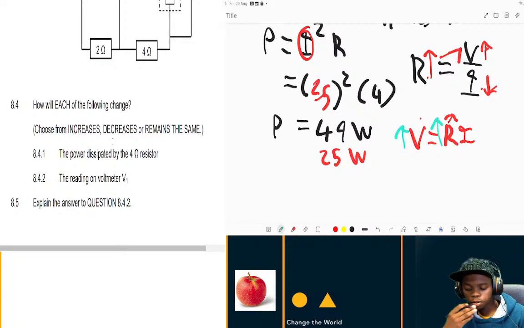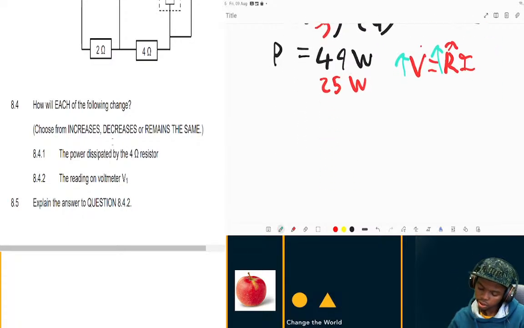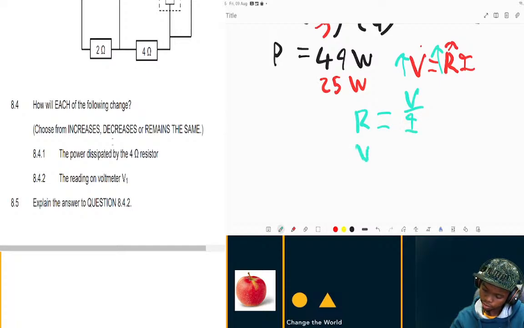So the reading on the voltmeter we had was 16,91, right? So let's now calculate it with the changed value. So V equals I times R. Now our resistance, that's 4 plus 2 plus 3, that's 9.